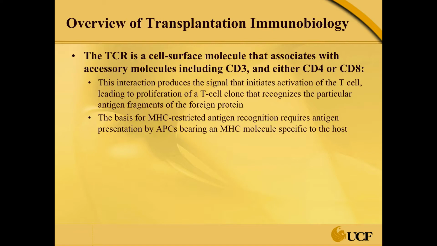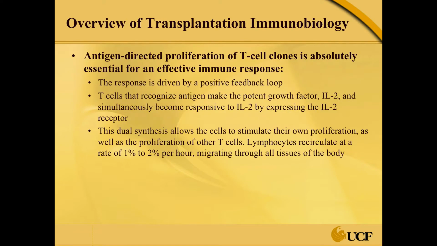So the basis for MHC restricted antigen recognition requires antigen presentation by the APC bearing an MHC molecule specific to the host. The response, so antigen-directed proliferation of that T cell clone, is absolutely essential for that immune response to be effective. So the response is driven by a positive feedback loop.